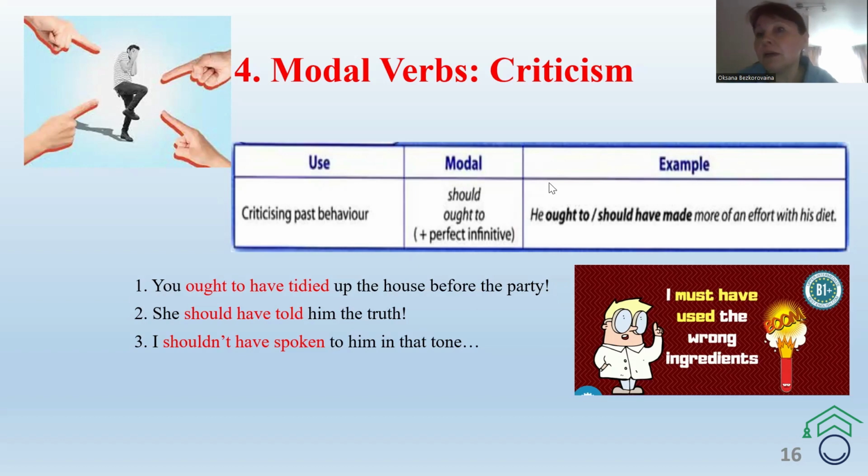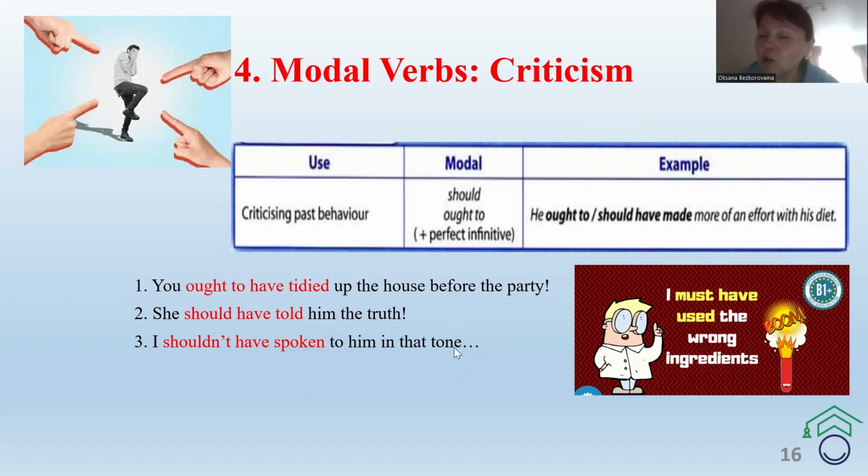Criticizing, or I would say regret, maybe. Some regret that we failed to do something, yeah? Andrii, can you read the examples, please? You ought to have tidied up the house before the party. You should have told him the truth. You shouldn't have spoken to him in that tone. You shouldn't have spoken to him.